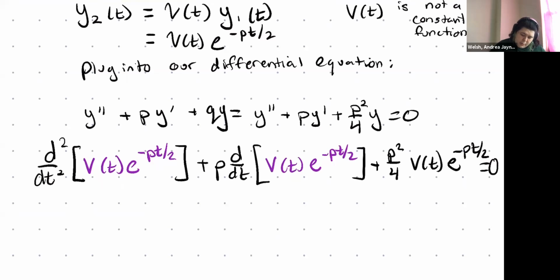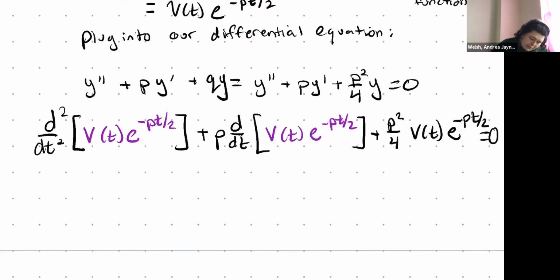Okay, so let's do out our derivatives one at a time so that we don't get lost in the weeds. It's very easy to make mistakes with doing multiple steps at once. So if we take one derivative of our v of t times our exponential function, we can just use the product rule.